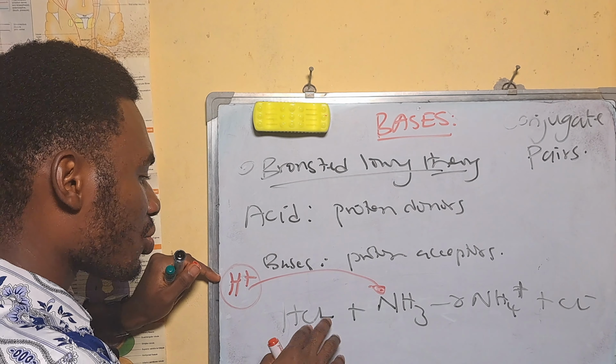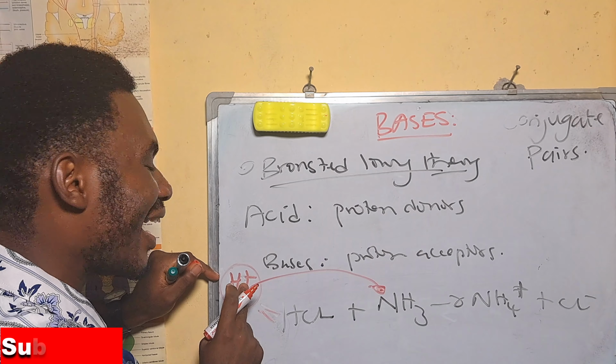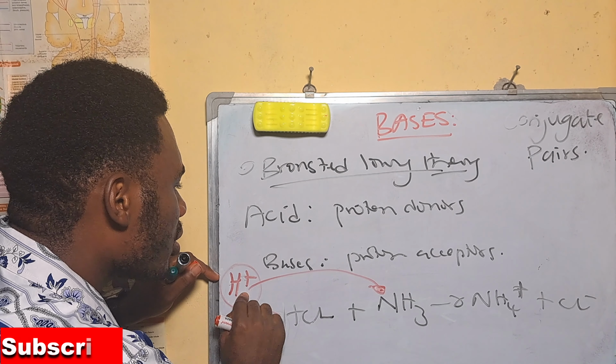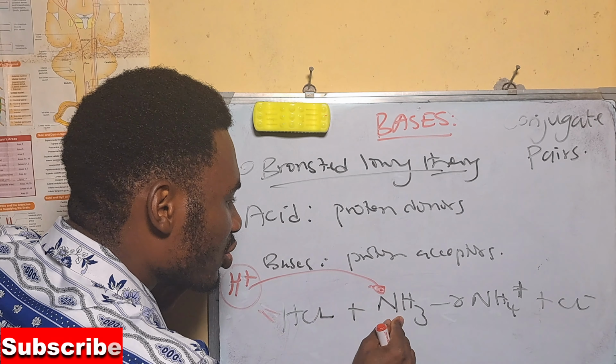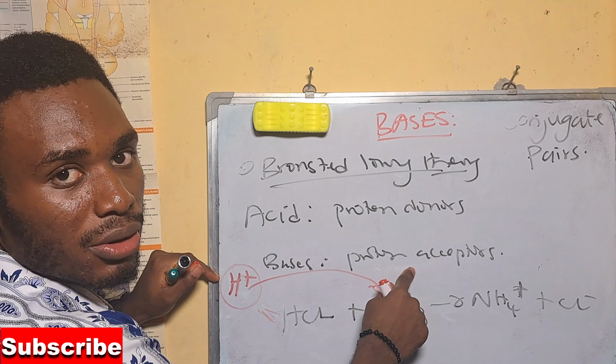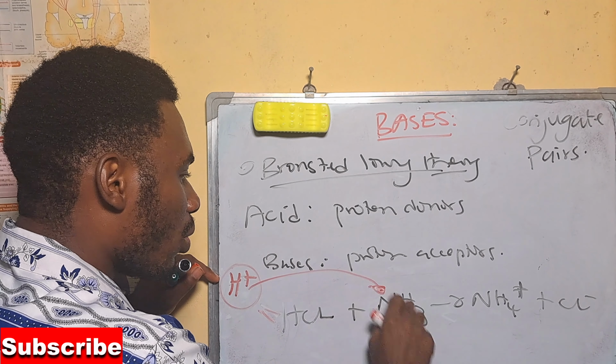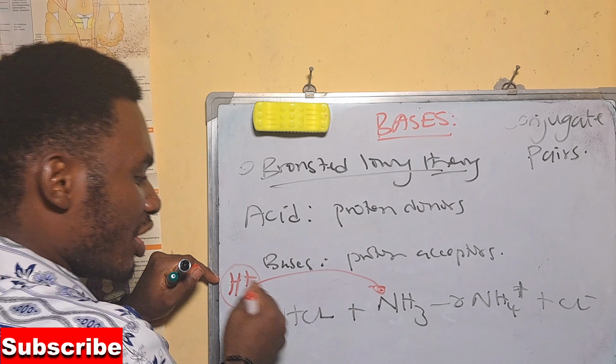So this acid is a proton donor, because this hydrogen is a proton. So this acid gave out a hydrogen proton, and this proton enters this base. So this base is a proton acceptor. So by this theory, an acid is a proton donor and a base is a proton acceptor. Accepts a proton, donates a proton.